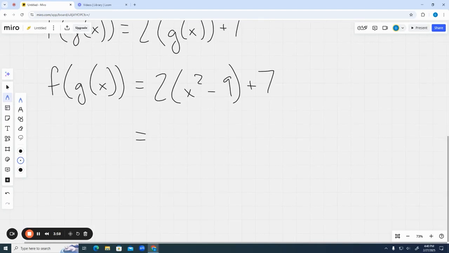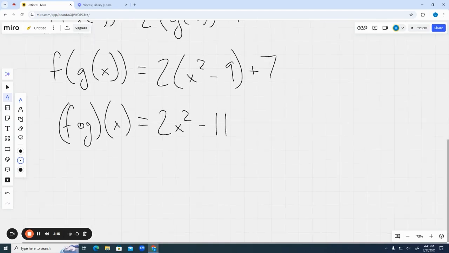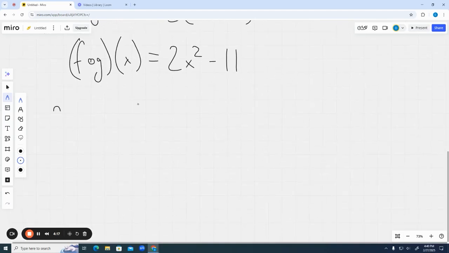And if you wanted to simplify that further, we can go ahead and do that. We can do 2x squared minus 18 plus 7, that will be minus 11, is equal to f of g of x.